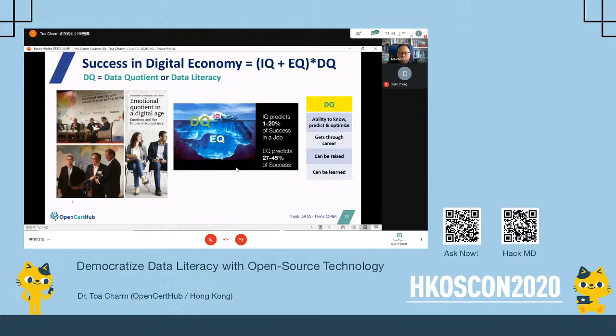So DQ is very important in the digital economy world. So we need everybody to have this competency, so we are able to generate value for the company and also for your customers in the digital economy.